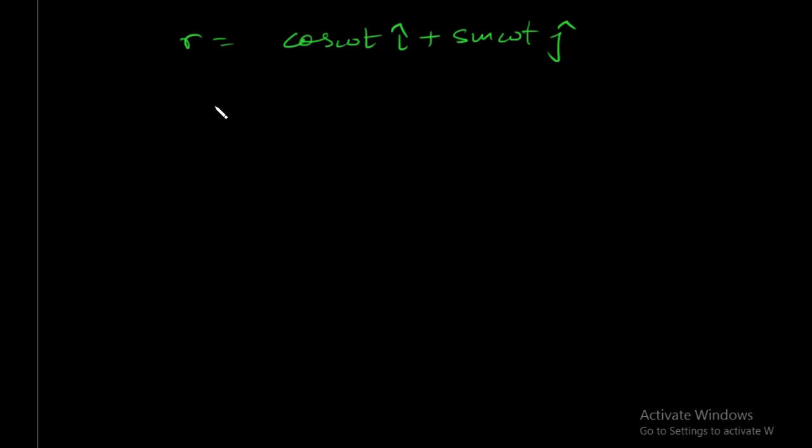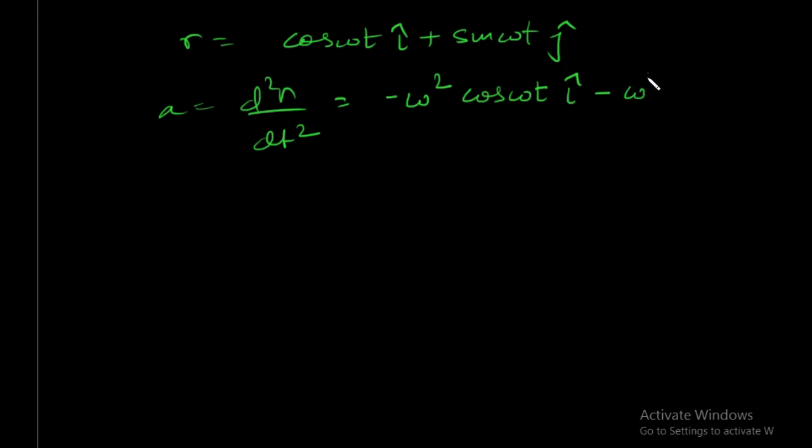Now we are to calculate the acceleration. A would be double differential of r, d square r by dt square. This would reduce to omega square cos omega t I, with a minus sign, and again minus omega square sine omega t j.